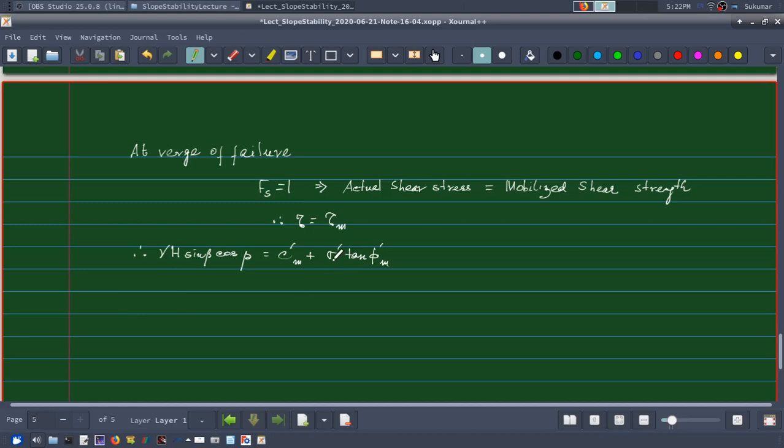Now let us write down the value of sigma dash here. So I'll get gamma h sin beta cos beta is equal to c dash m plus, what was my sigma?